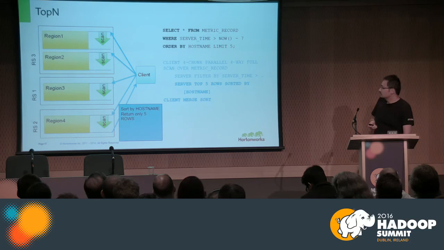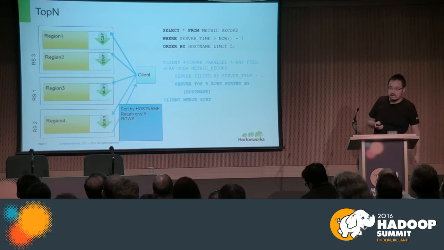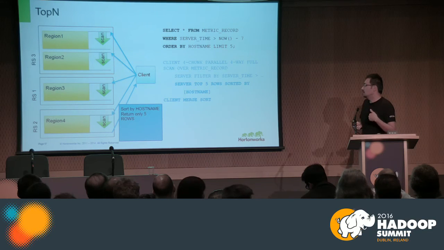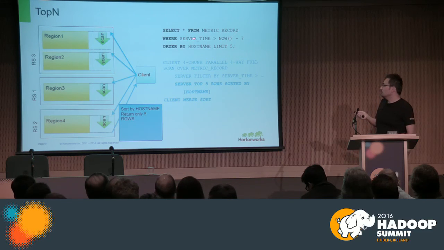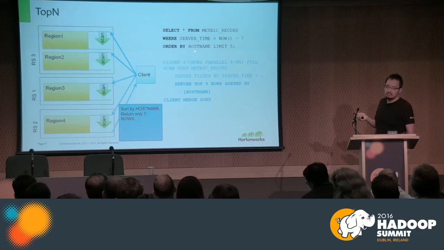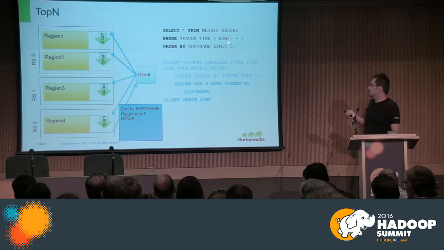All right, so let's look at a top-N example. It's another example where most HBase users will need something like this, but it comes enabled by default in Phoenix, right? So let's say you're doing select star from metric record where server time is this, and you want to order by the host name, and you want to only get the top five matches, right?